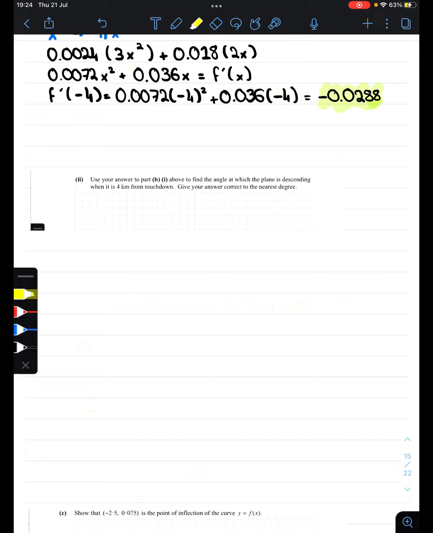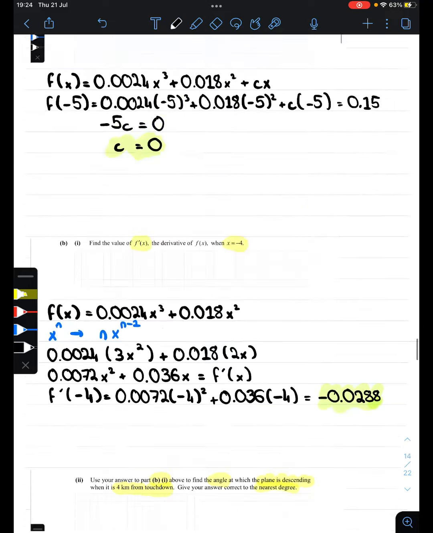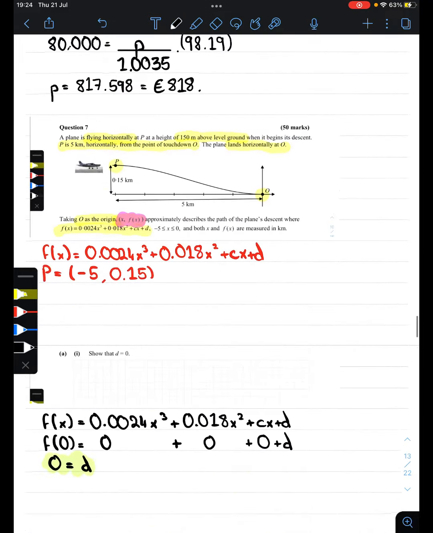Now for part 2 of B, use our answer to part 1 of B to find the angle at which the plane is descending when it is 4 kilometers from touchdown, and give our answer to the nearest degree. So what does this look like?